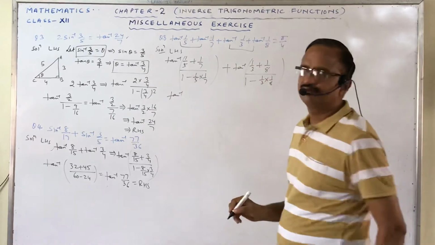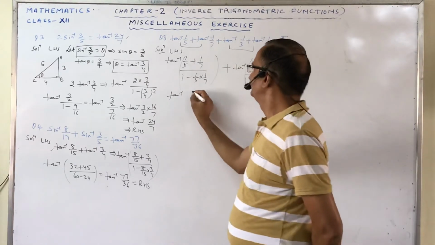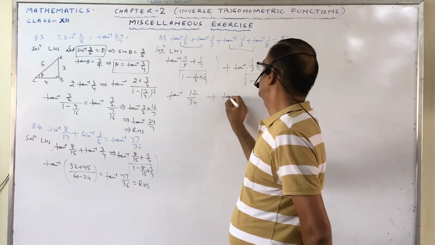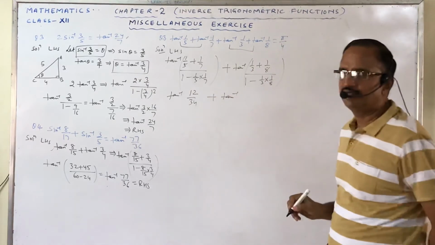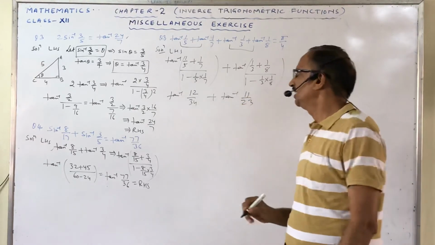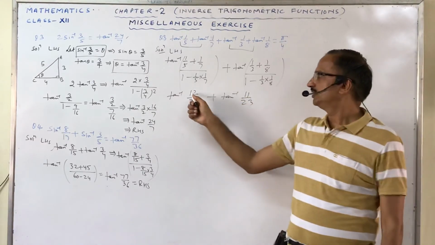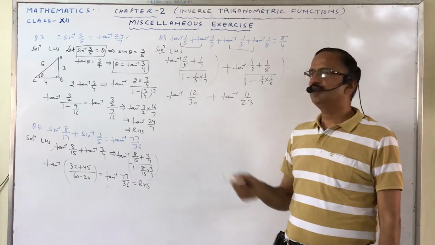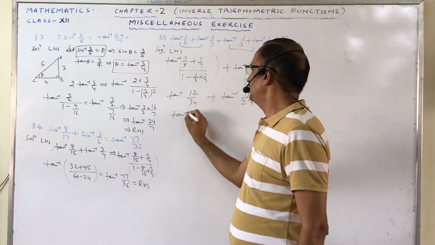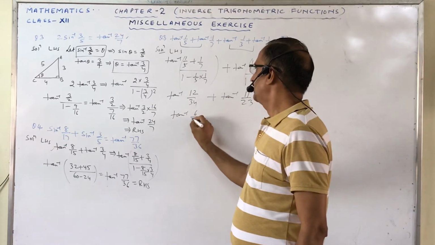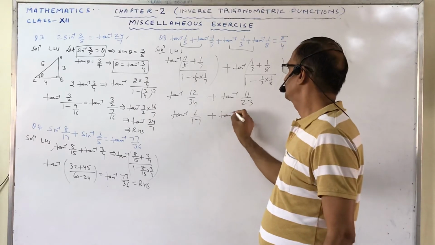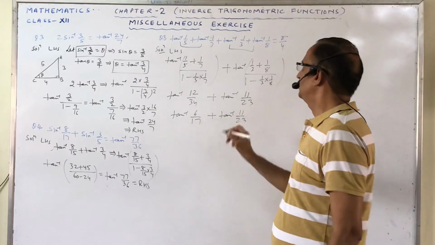we will get tan inverse 12 by 34 and this becomes tan inverse 11 by 23. Now we write these two terms in the simplest form. So this becomes tan inverse 6 by 17 and this is tan inverse 11 by 23.